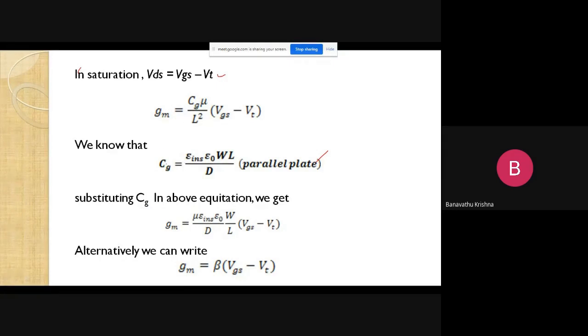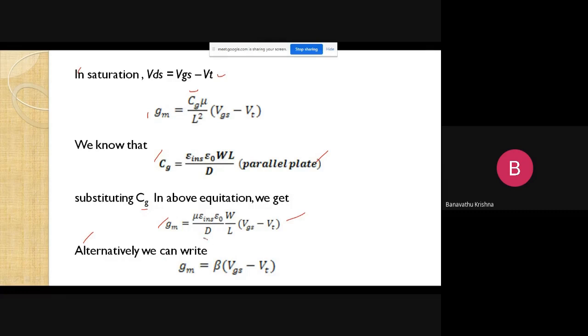Then GM equals mu epsilon insulation epsilon naught by D into W by L into VGS minus VT, right? This is the alternative way we can write the transconductance equation.